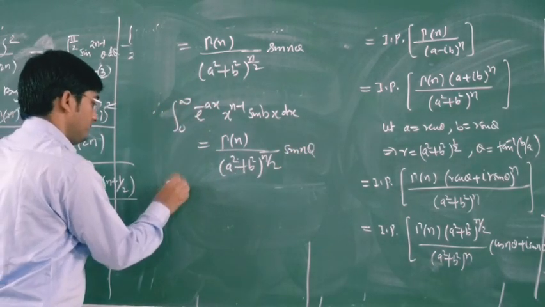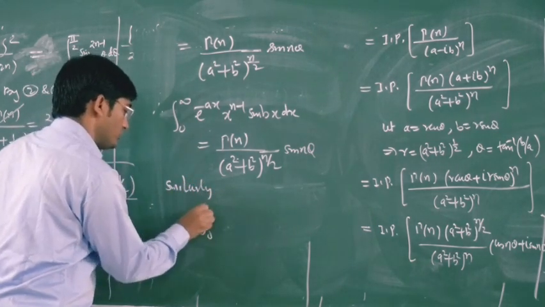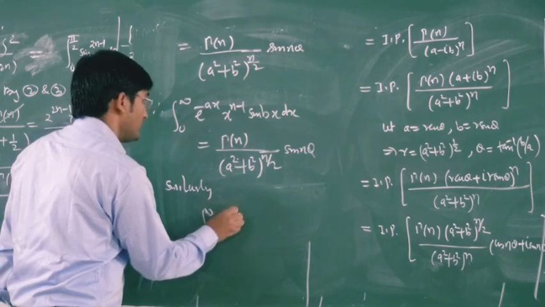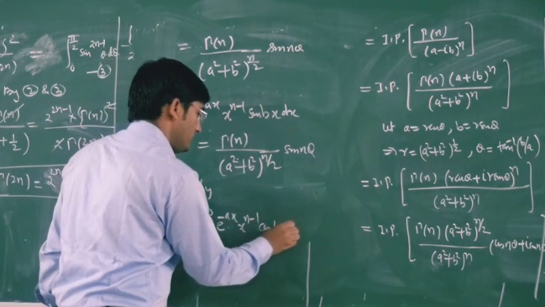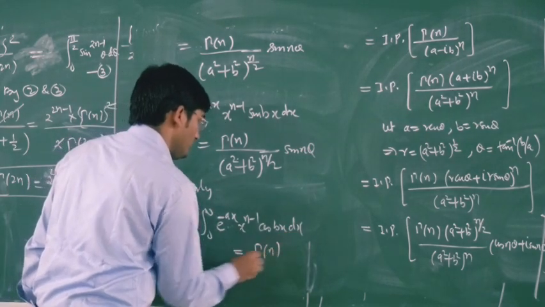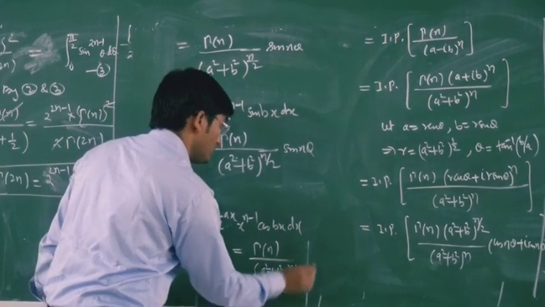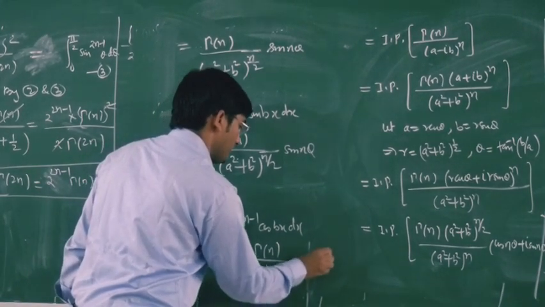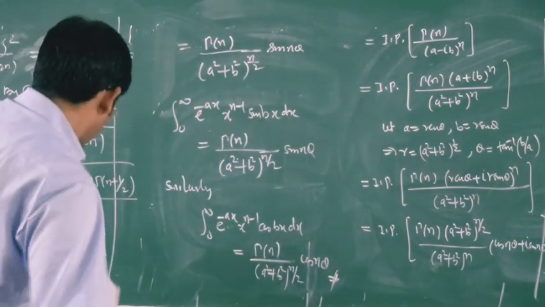Similarly, our integral from 0 to infinity of e^(-ax) x^(n-1) cos bx dx is equal to Γ(n) upon (a² + b²)^(n/2) into cos nθ. This is your proof of this problem.